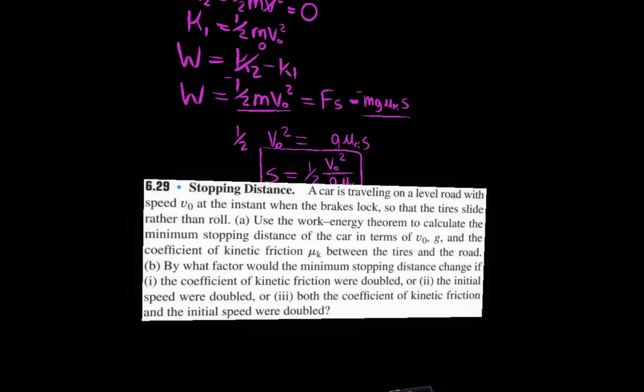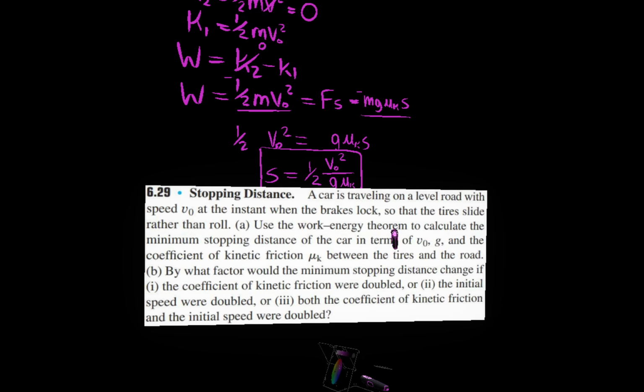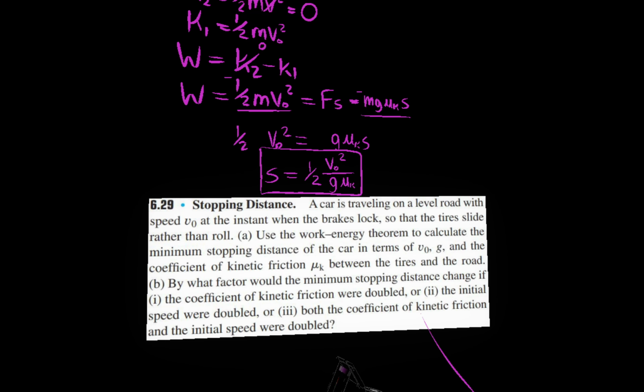Part B said, by what factor would the minimum stopping distance change if the coefficient of kinetic friction were doubled? So if this were doubled, how would it change? Well, if that were doubled, then s would halve, because you'd just be adding another 2 in the denominator. So s would be halved.